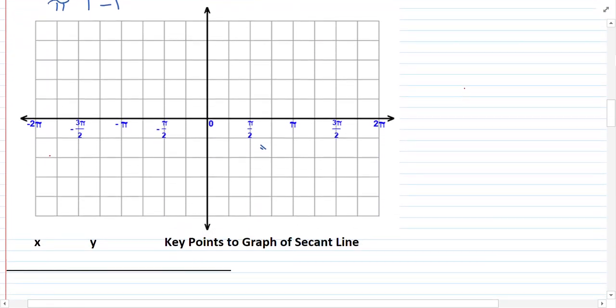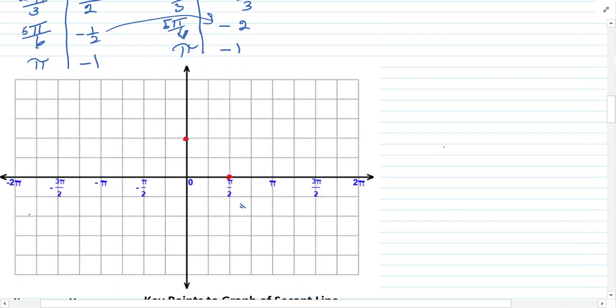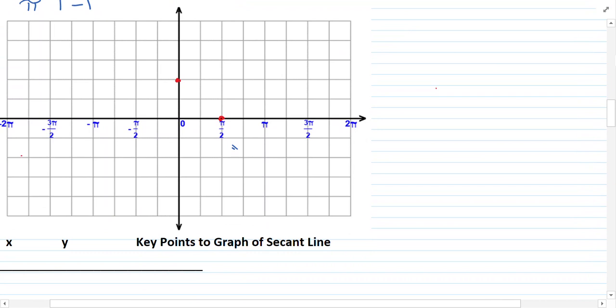So what we want to do is we want to plot our cosine. And in our cosine, we're going to use the red. At 0, we have 1. At pi halves, we have 0. At pi, we have -1. At 3 pi halves, we're back to 0, and at 2 pi, we are there.